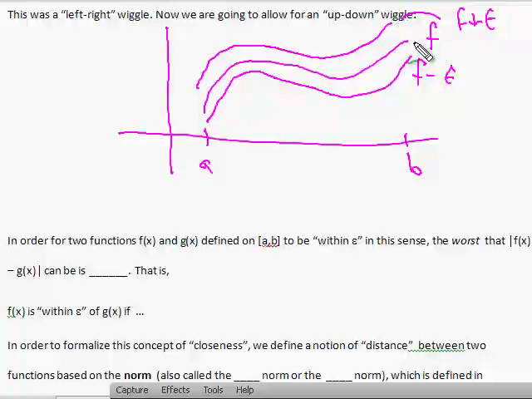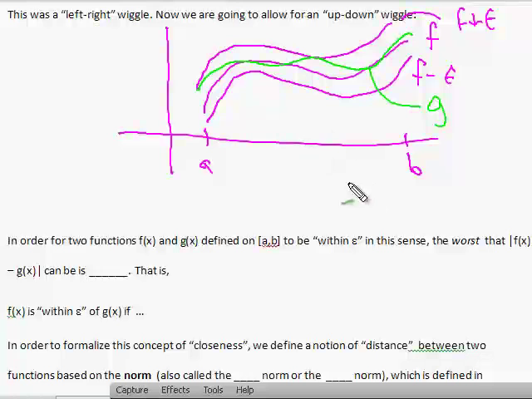So my g would have to remain in this sleeve. So basically everywhere my g is close to my f. Now clearly, the previous example I gave with a traveling bump was not going to be the case, because the difference between that bump function and 0 was getting larger and larger as n went to infinity.